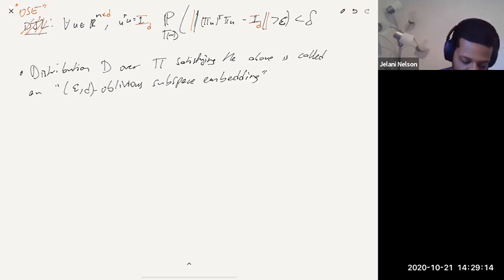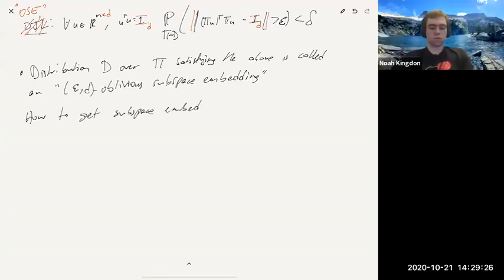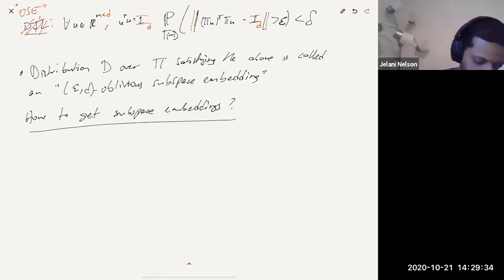So first let me talk about how you get subspace embeddings. Usually for us, in the applications, the subspace is often going to be the column space of a given matrix. So I'm just going to give you a matrix A, which is some big matrix.